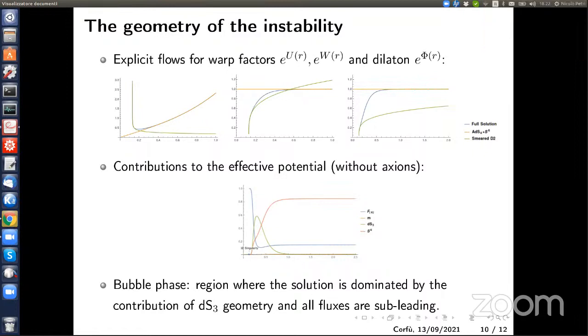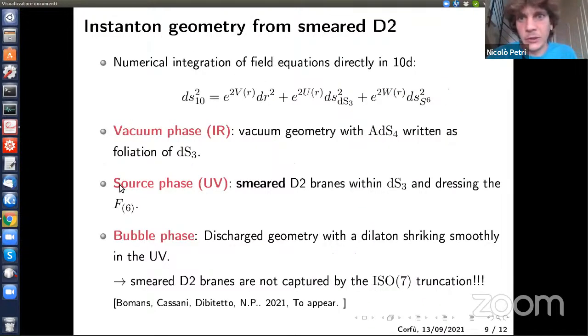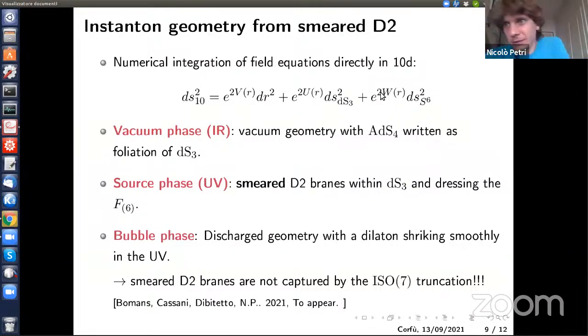Because otherwise, you can take the geometry of the solution, so you have a 7-dimensional internal manifold here. If you don't have a source, a point localized within this 7-dimensional manifold, you basically obtain that the integral over this 7D manifold of dF6 is 0.